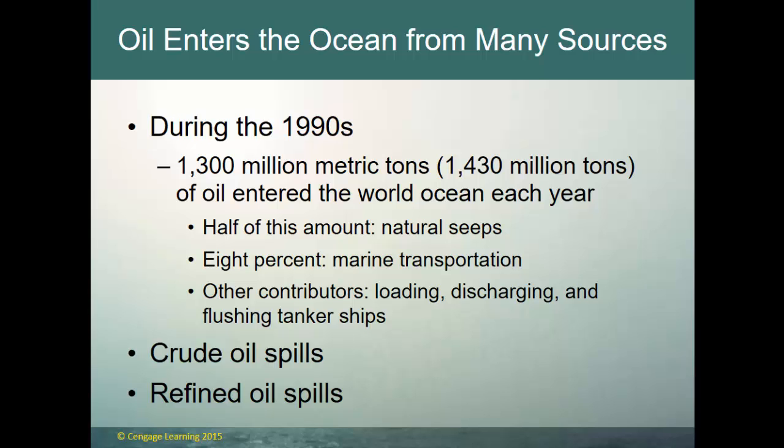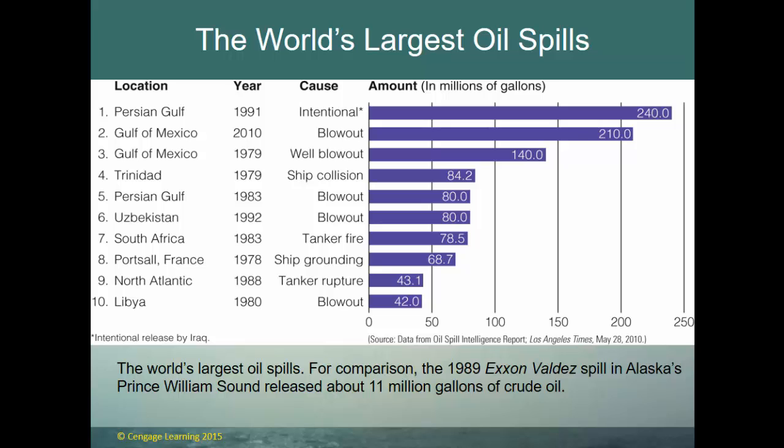And of course, we have two different types of oil. We have crude oil, which is largely biodegradable, and then refined oil, which hangs around for a much, much greater period of time. So when you think of the world's largest oil spills, if you ever watched Waterworld, you may remember the super tanker, the Exxon Valdez.